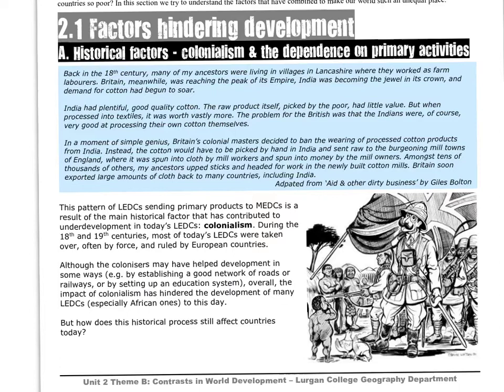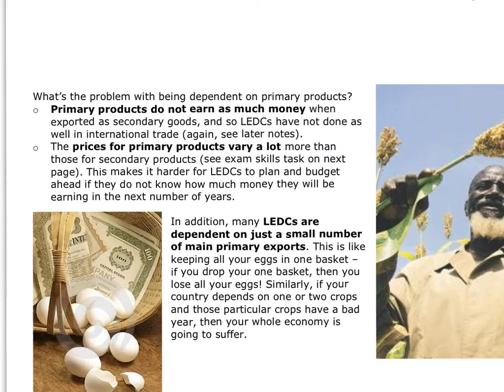So the key thing with historical factors is this whole issue of colonialism. It says here the pattern of LEDCs sending primary products to MEDCs is a legacy of colonialism. So let's look at how colonialism works. And what's the issue then with primary products? Why do they keep the countries poor? Well, first of all, they don't earn as much money. When you process something, you add value to it, you can sell it for more money.